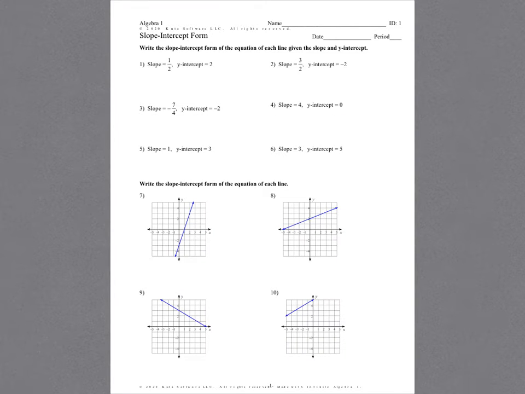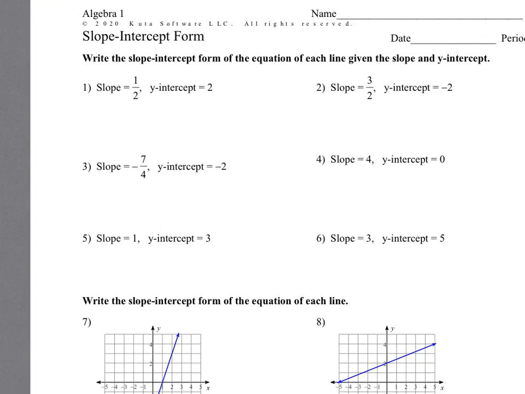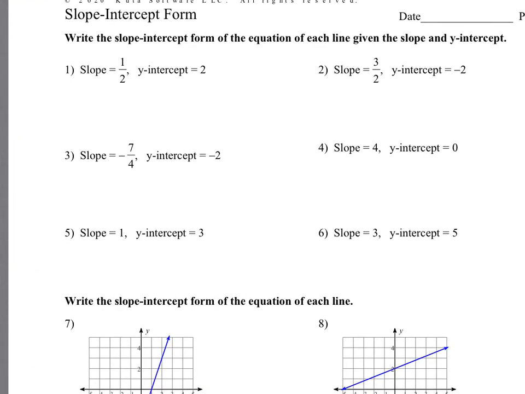All right, if someone gives me the slope and someone gives me the y-intercept, then I can easily write an equation, because our form is y equals mx plus b. So all we're doing is just filling in the m and the b.